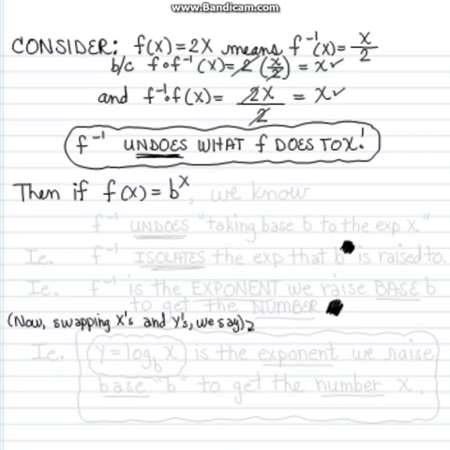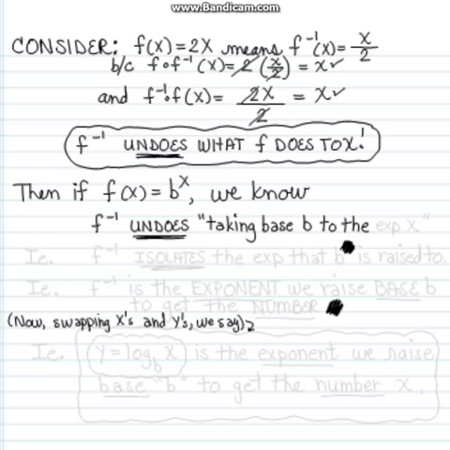So let me try to say this in a few different ways. F inverse has the job of basically undoing, quote, taking base b raised to the exponent x. It's going to undo that.